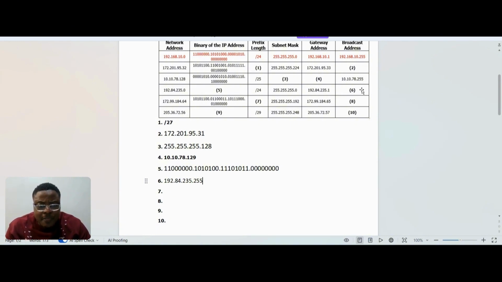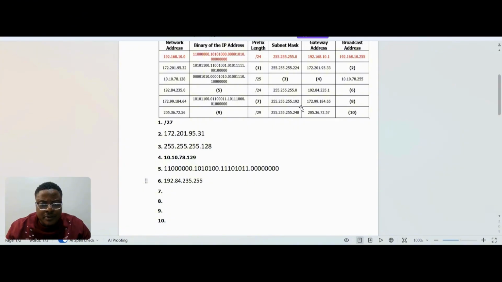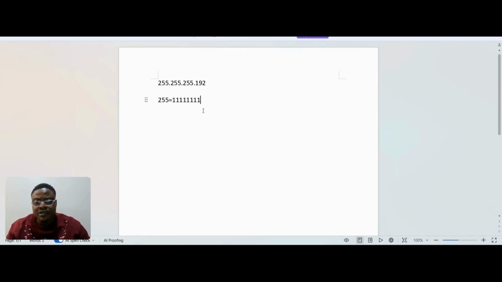Number 7 is finding the prefix length of the subnet mask. So for the subnet mask, I'm going to convert from decimal to binary, following the same method.